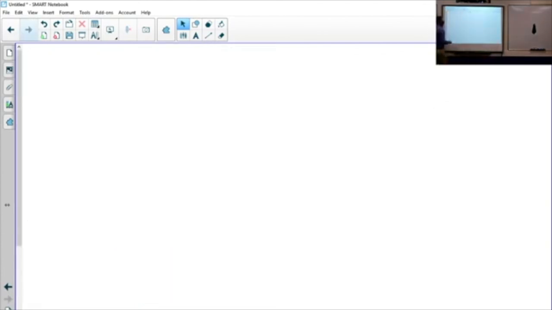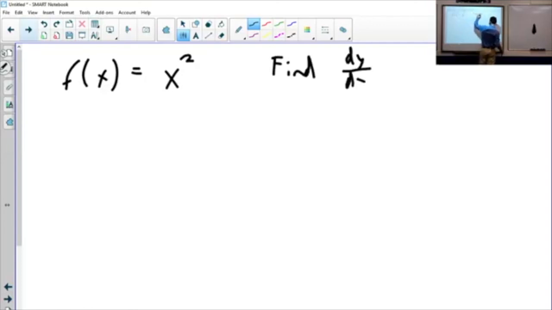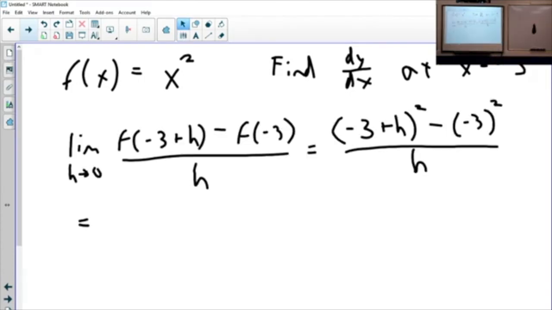Let me do it. Let's do one more. Still x squared. At x equals, let's do -3 this time. And after you have done this, see if you can think about how we can find this in general.